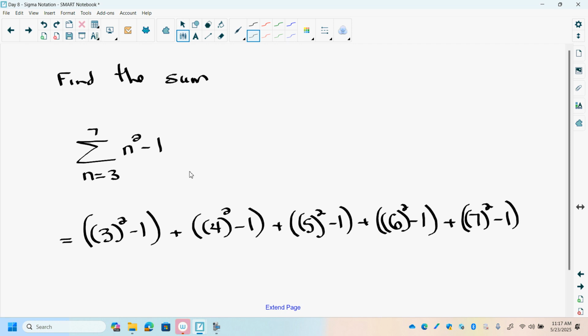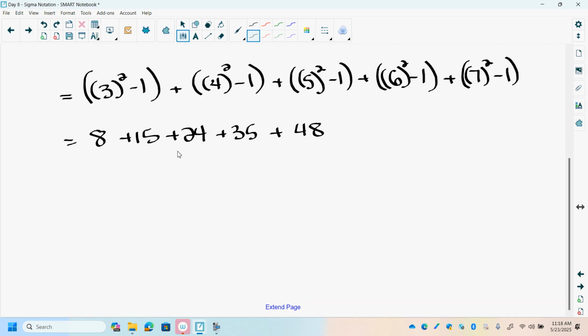So you don't have to start at 1. Okay? Start wherever they tell you to start. Stop wherever they tell you to stop. 3 squared is 9, minus 1, 8. 4 squared is 16, minus 1, 15. 5 squared, 25, minus 1, 24. This would be 35, and this would be 48.